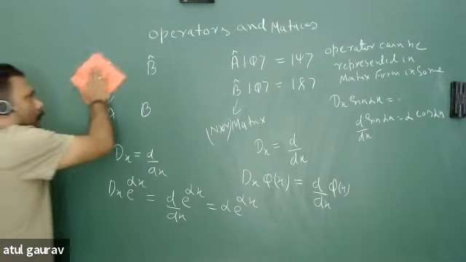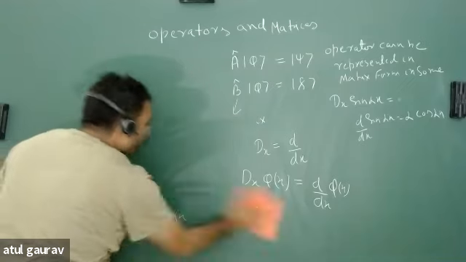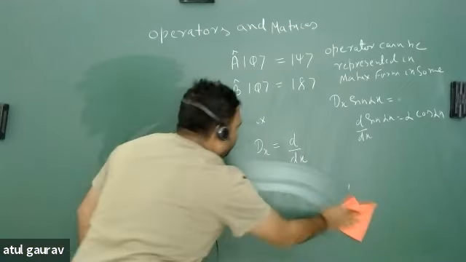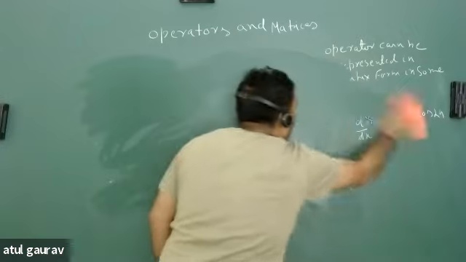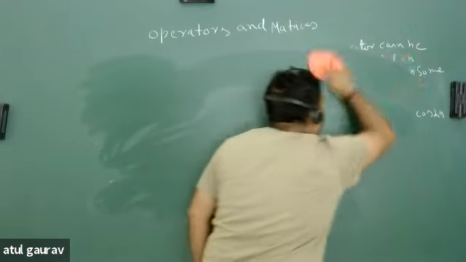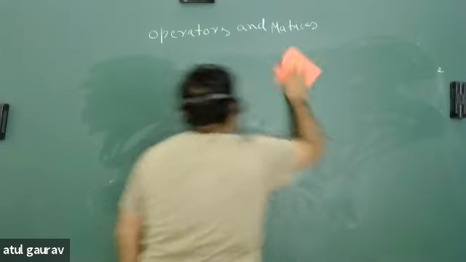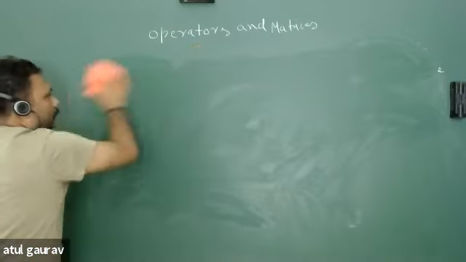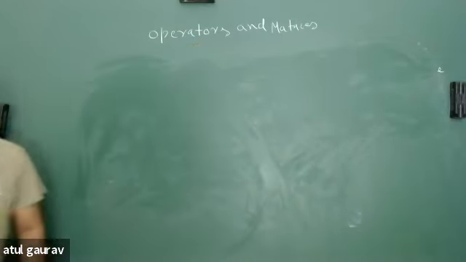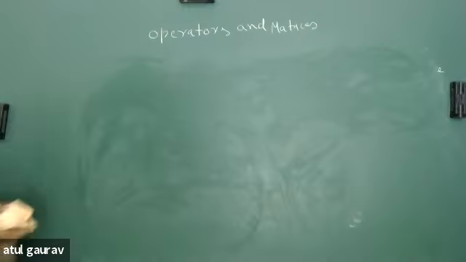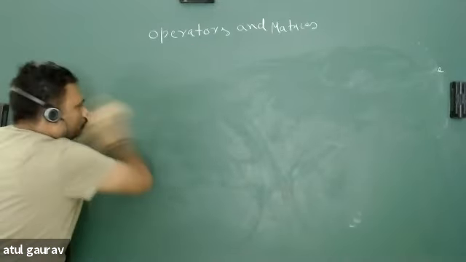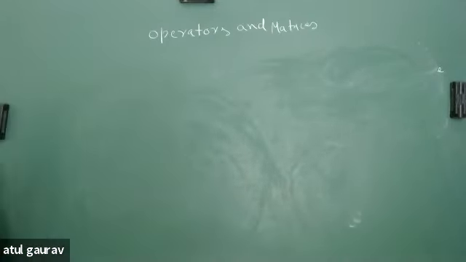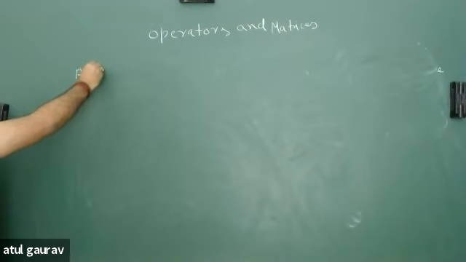Okay, so let's see why we are saying it is a linear operator. It will follow some rules, and you can use it as a linear operator. So suppose we have any operator A, and it will operate on some ket.